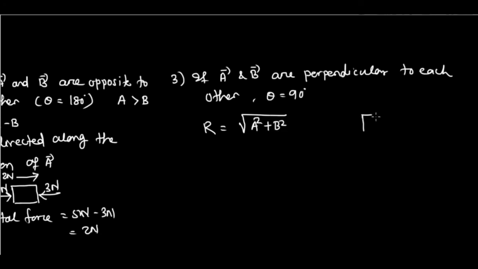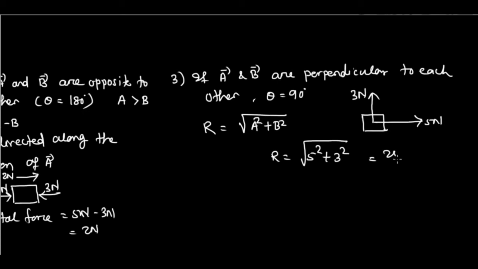For example, suppose you have an object here and you apply a force of 5 Newton towards east and a force of 3 Newton towards north, then the resultant force will be how much? Square root of 5 square plus 3 square. So 5 square is 25 plus 3 square is 9, so that will be equal to square root of 34 Newton. Is that clear?